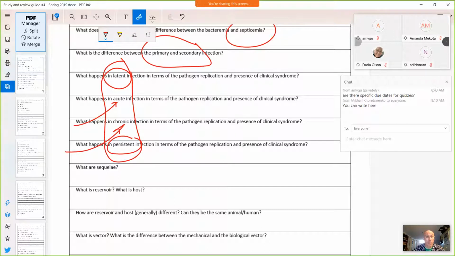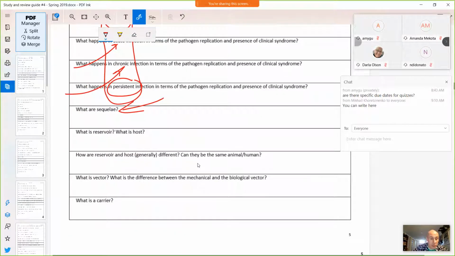You can find it in, say, urine, but it causes no apparent symptoms. So there's a virus called BK virus, which does exactly that. For instance, you can find BK virus in the urine of pregnant women, but there's no pathology for pregnant women whatsoever associated with that virus. Sequelae, consequence of the disease, like neurological consequence.